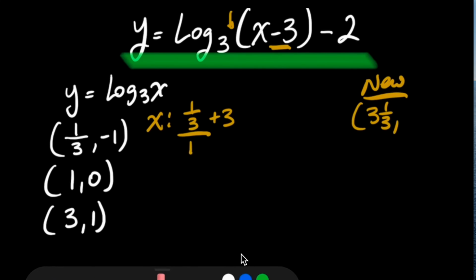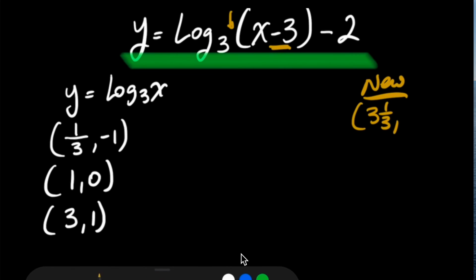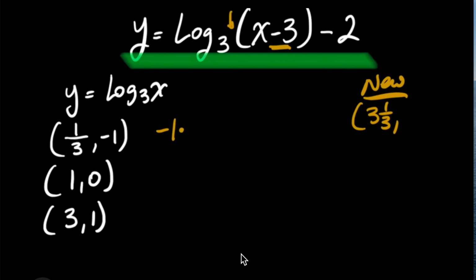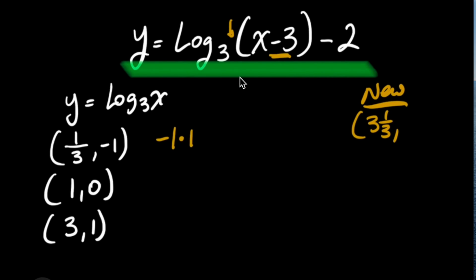Our y value, we're going to take the original y value, which is negative 1. We're going to multiply that times our a value, which is positive 1 here. And then we are going to apply exactly what we see as our d value, because the new y value uses positive d in the generic formula. So we're going to have negative 1 minus 2, or negative 3.